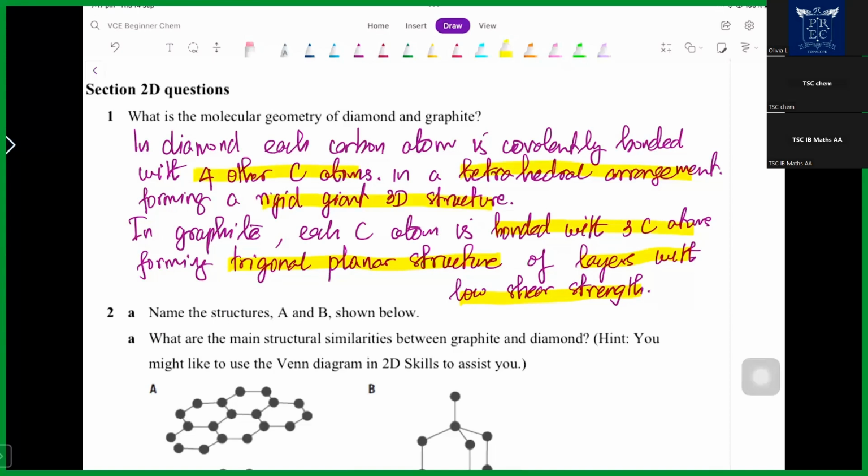I think question 2 is pretty straightforward. You should be able to do it. One is graphite, one is diamond. I'm not going to go through these two particularly.